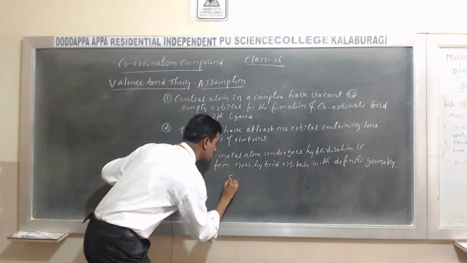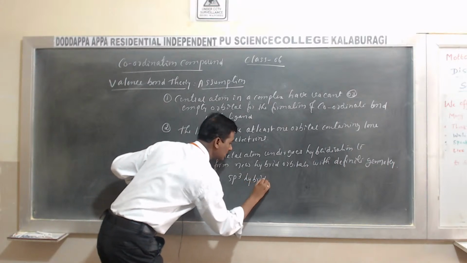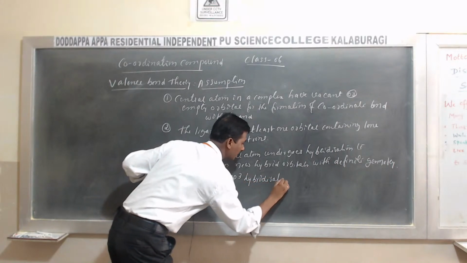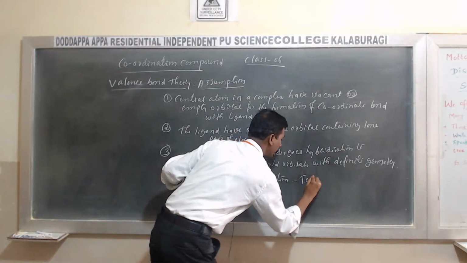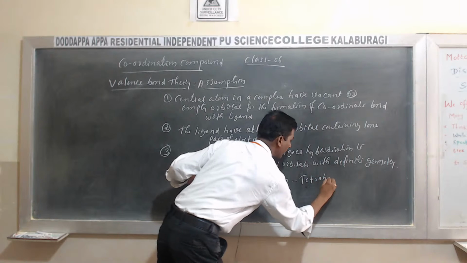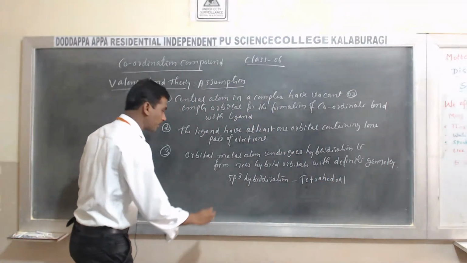Here I can write sp3 hybridization. If it is sp3, what is the geometry? The geometry is tetrahedral.